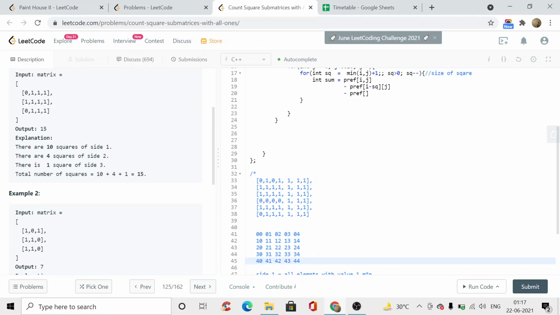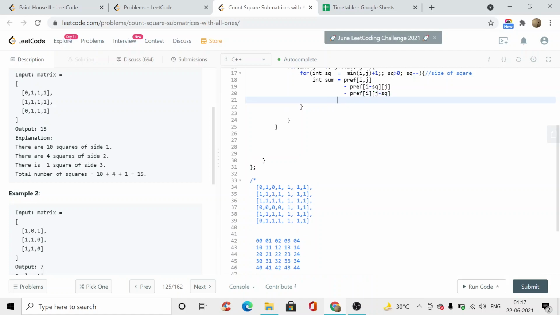So I will get what was the sum over here. It is actually the same row, but J is going to be J minus SQ. Okay, and then one plus is going to be done.